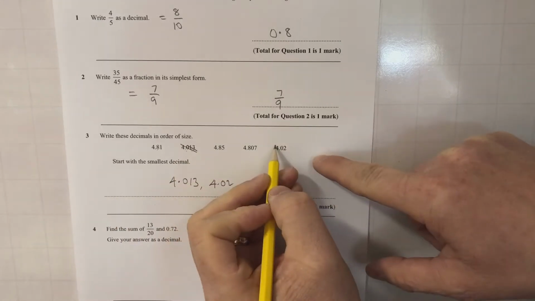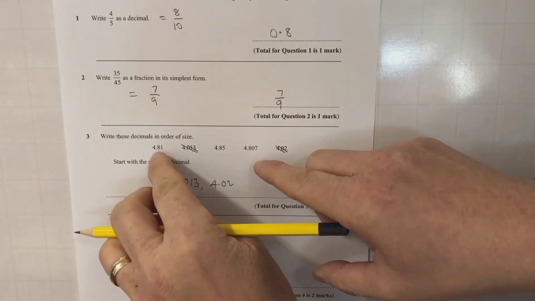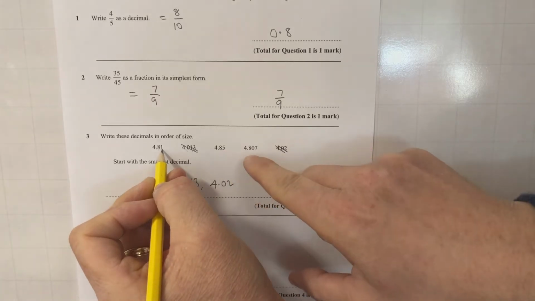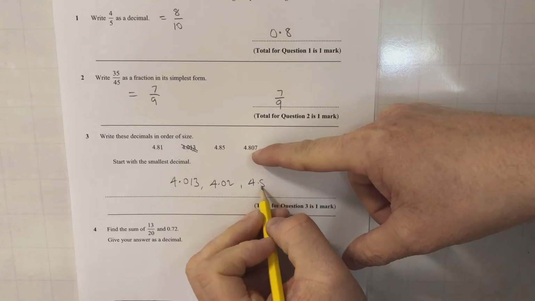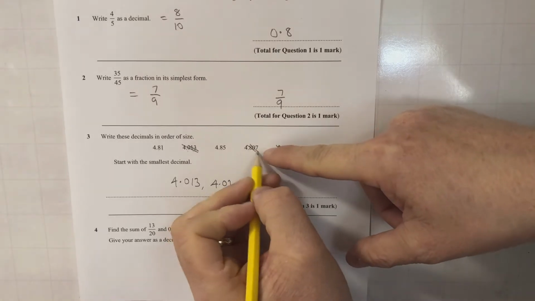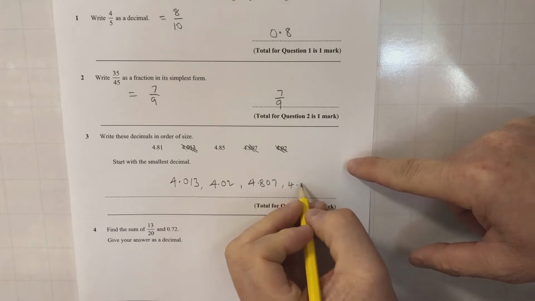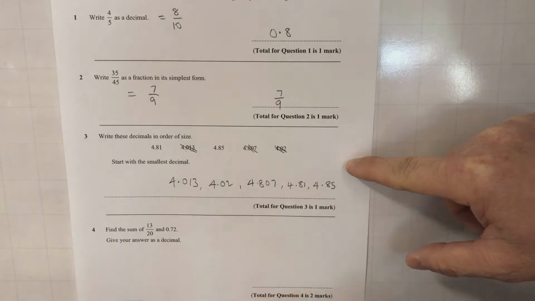The others all say 4.8. That says 4.81, 4.85, 4.80. So that's the next smallest. The 8.1 is smaller than the 8.5, so 4.81, 4.85.